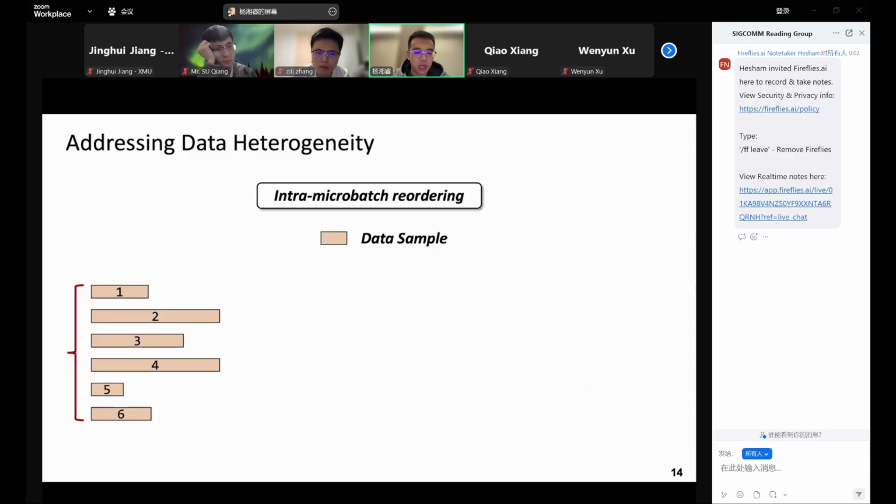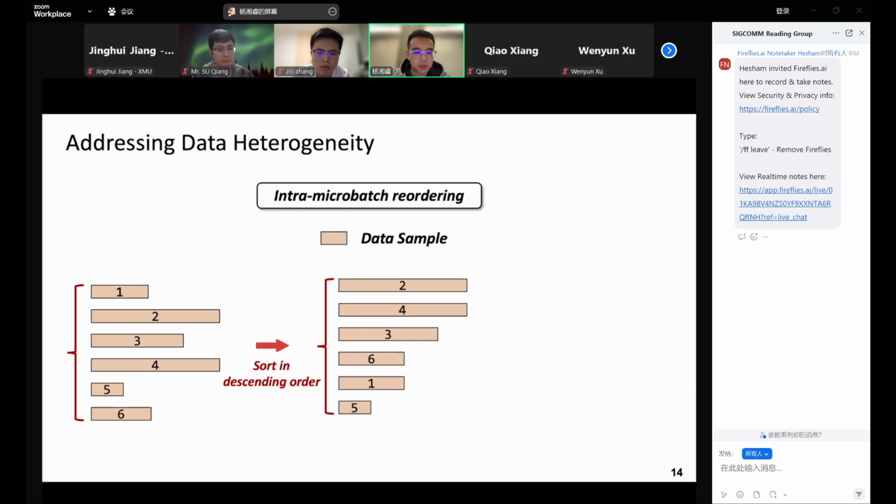Now let's turn to how to solve the data heterogeneity problem, starting with the intra-micro batch straggler. To prevent some data parallel workers from getting unfairly heavy loads, it uses a dynamic scheduling technique called intra-batch reordering. The process, as illustrated on this slide, is straightforward but highly efficient.